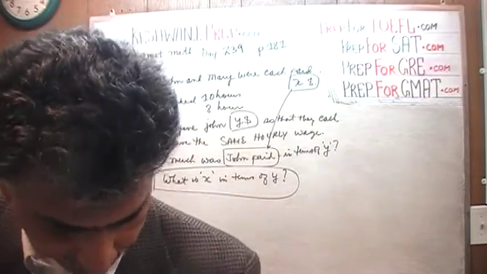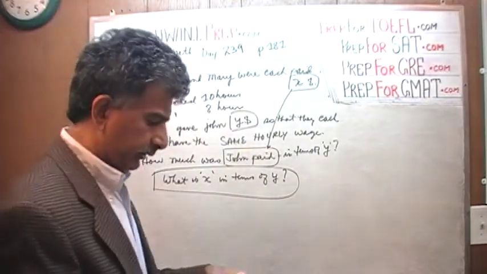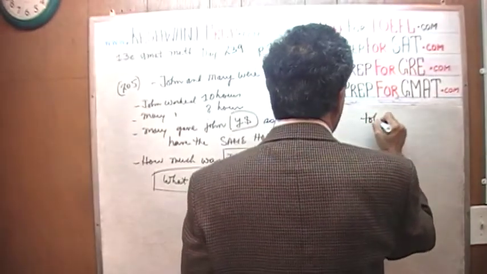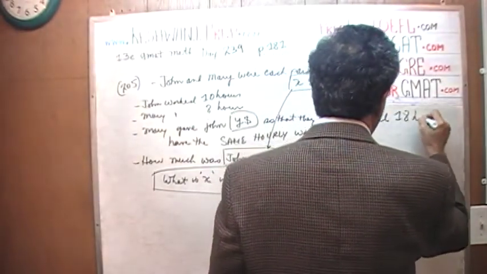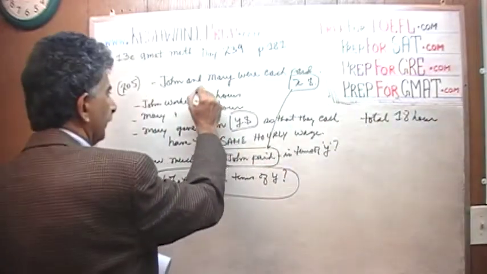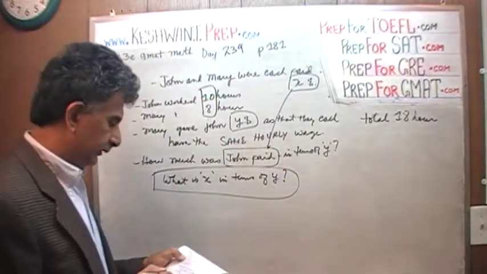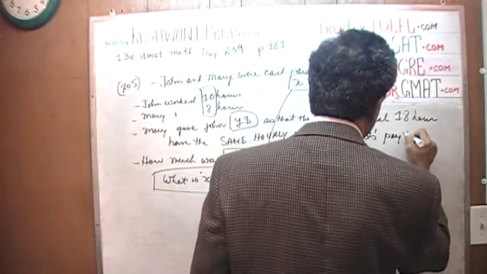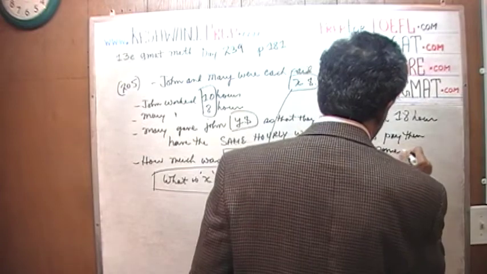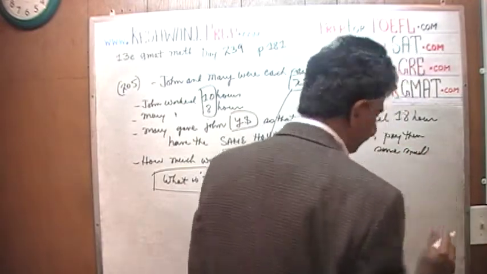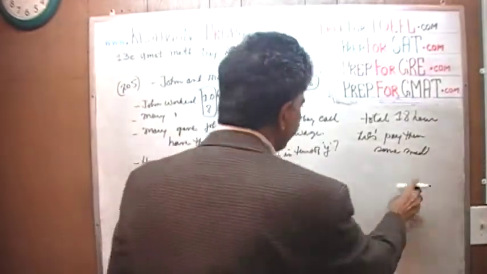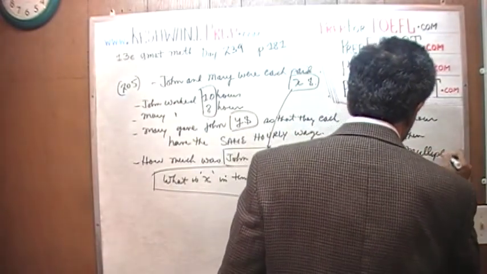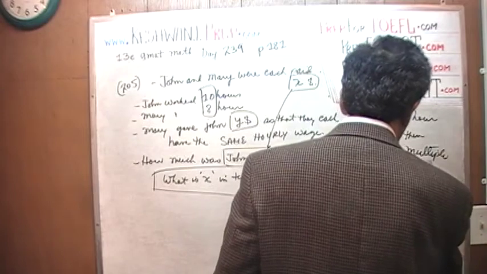Let's take a look at it here. Here's what's going on. Since they both work together a total of 18 hours, 10 plus 8, let's pay them some multiple of 18.